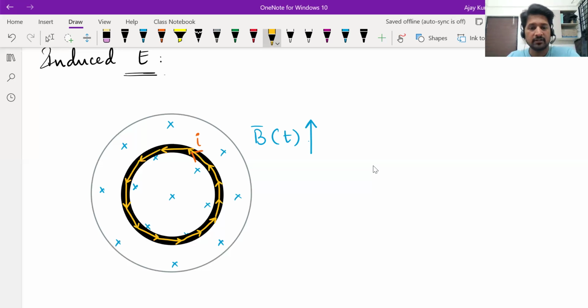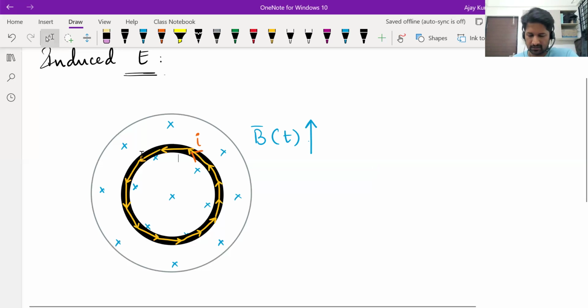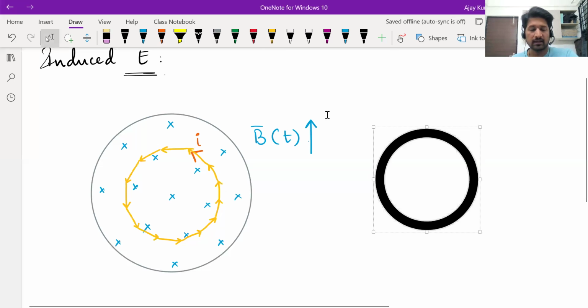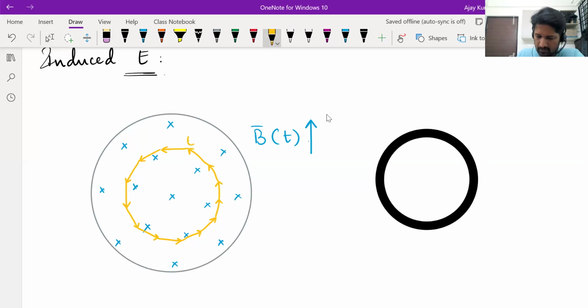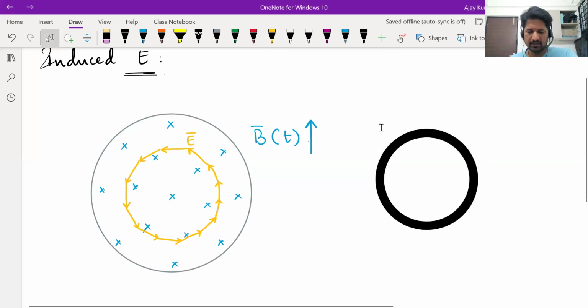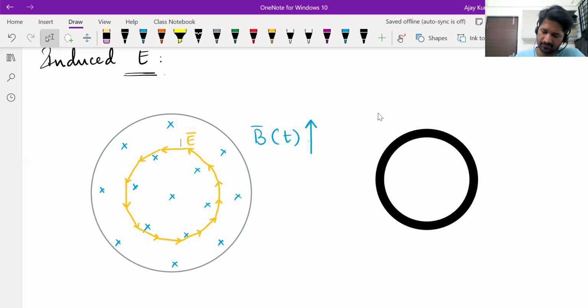There must have been an electric field produced like this. Whether this conducting loop exists or not, the electric field will anyway be produced. That electric field is the induced electric field, and it is produced because of this time varying magnetic field. Now, let us derive the strength of this electric field.